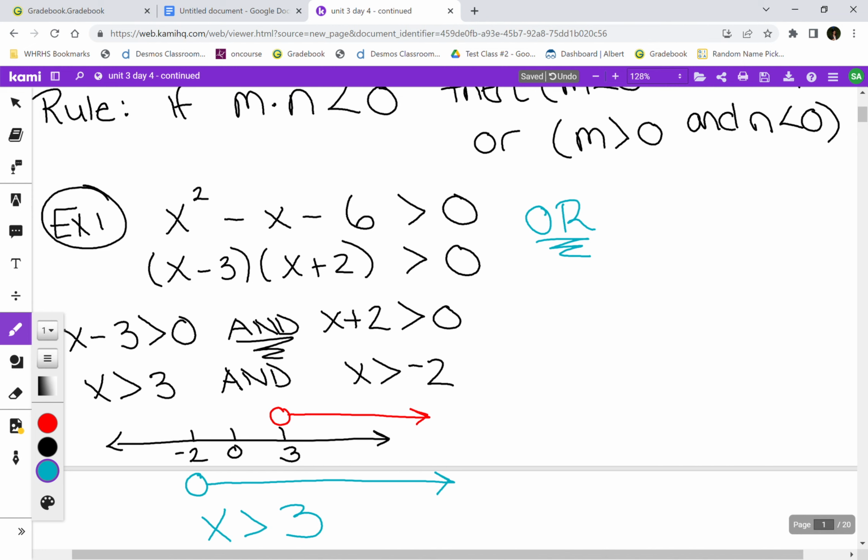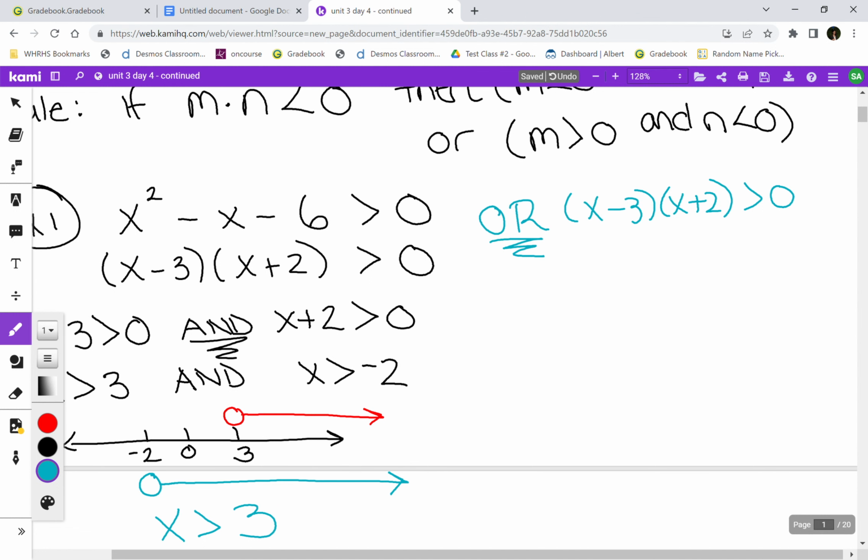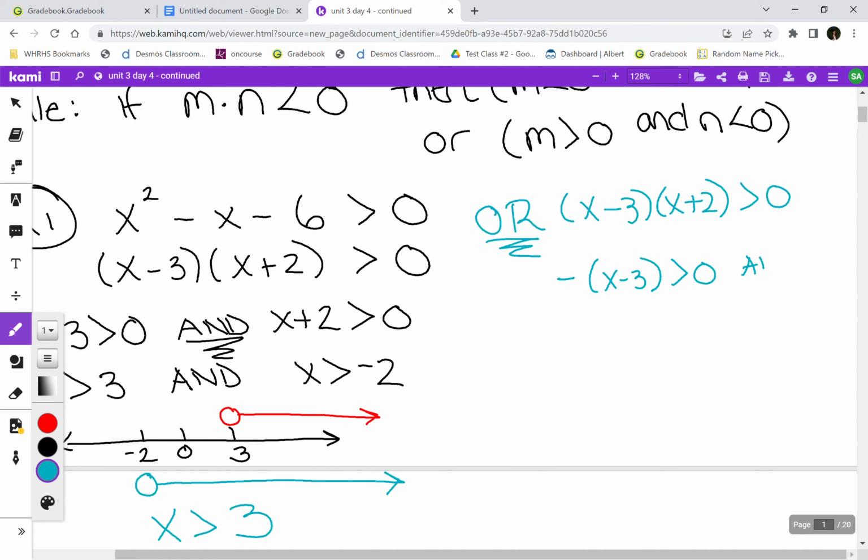We can take our two factors, right? We have x minus 3, x plus 2 has to be greater than 0. And what do we realize? They both can be what? Negative. So in this scenario, we would have the negation of x minus 3 is greater than 0, and the negation of x plus 2 is greater than 0, right?